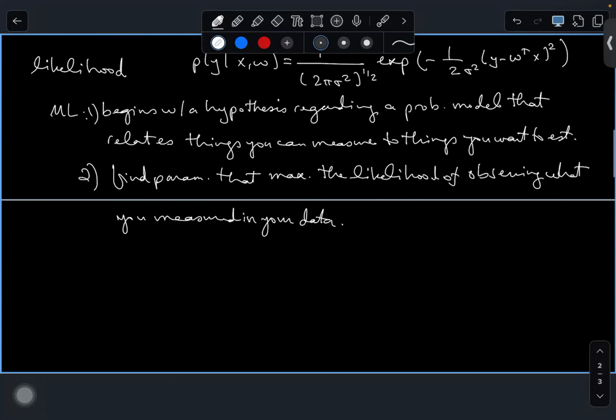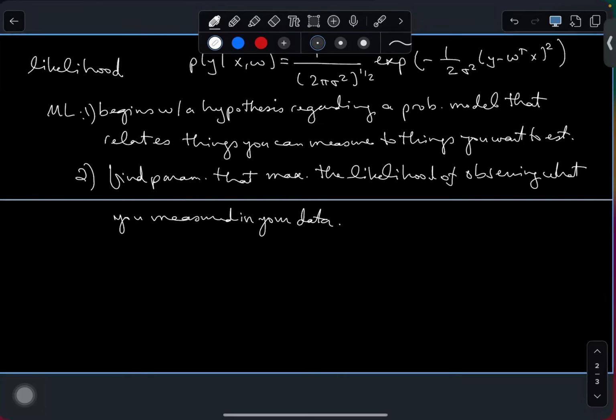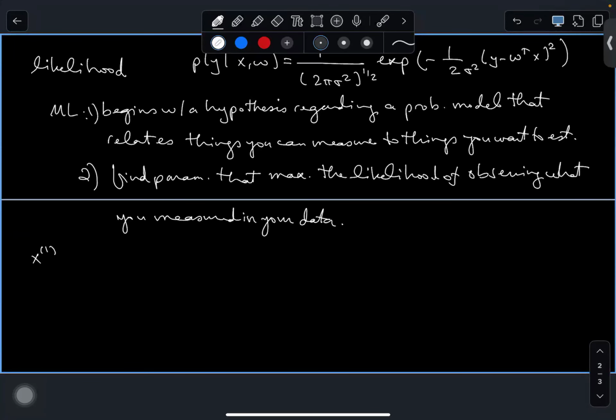Okay, so what's the likelihood of observing my data? So I've been given some data, X and Y. This is my data. So I want to now write this as a probabilistic model.